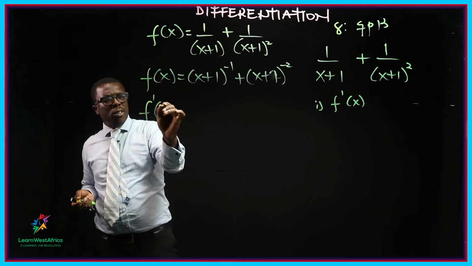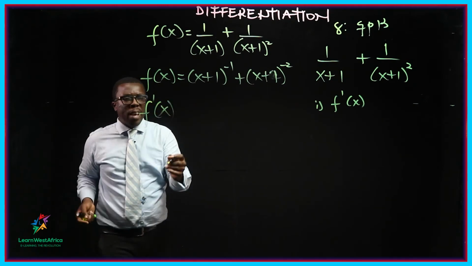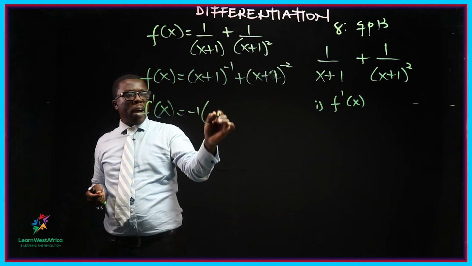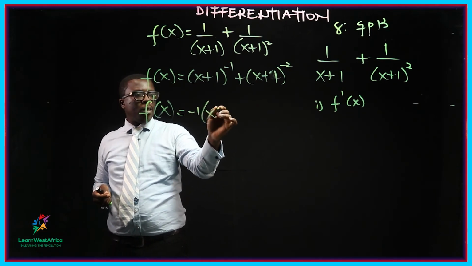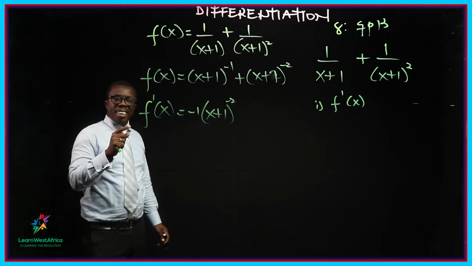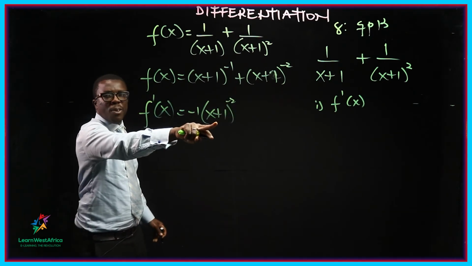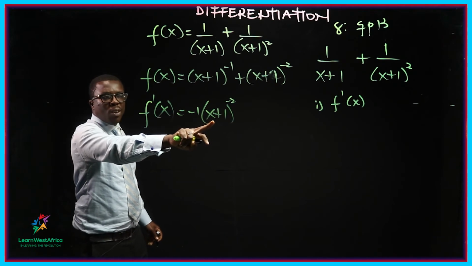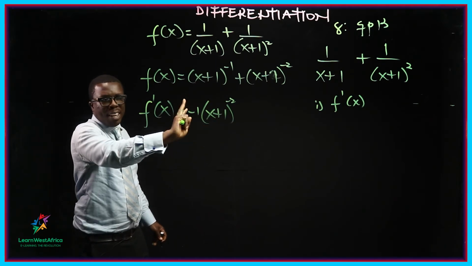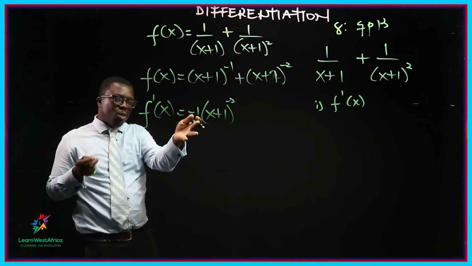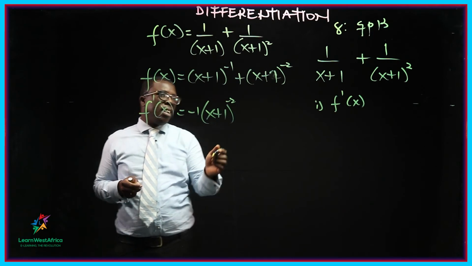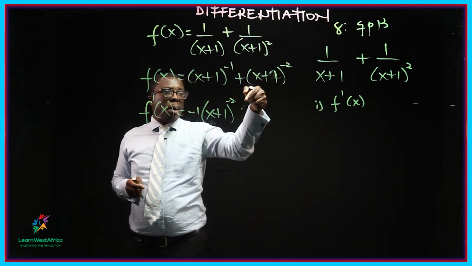So the first derivative of the function is going to give you minus 1, x plus 1 to the minus 2, times we go inside and differentiate. So when you differentiate what is inside, what do you get? This is going to give you 1. That will be inconsequential as to what you get, so there's no need to even bring that. Then we come here. So the minus 2 will also drop.